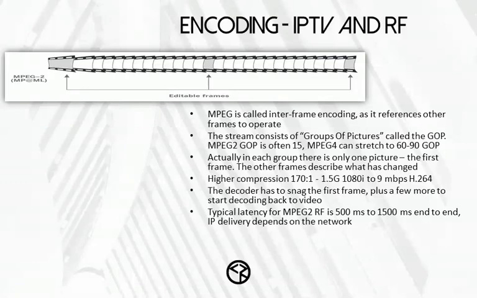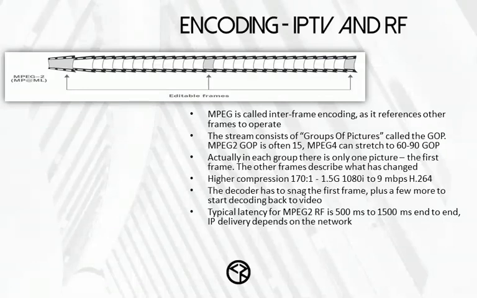So it begins with a group of pictures. The first one is an actual compressed image similar to JPEG, and all the other frames that are captured after it look at that frame and other frames next to each other to compress the whole video as small as possible.